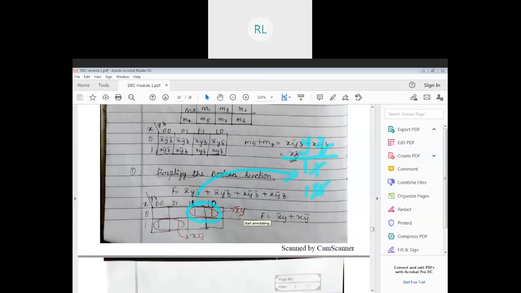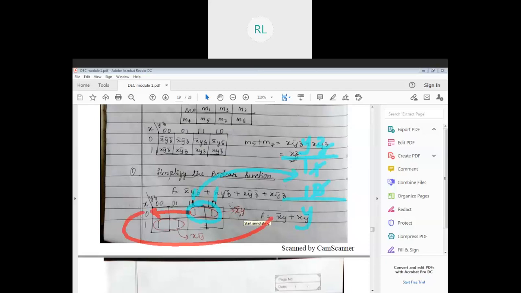So 1, 0, if it is opposite bits, they get cancelled. Now remember, this is y and this is z. Since it is 1 and 0 here, the last bit, they get cancelled out. So what is remaining here?